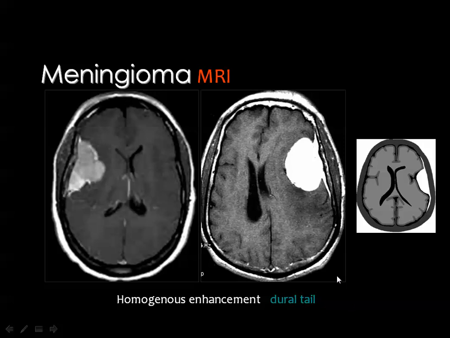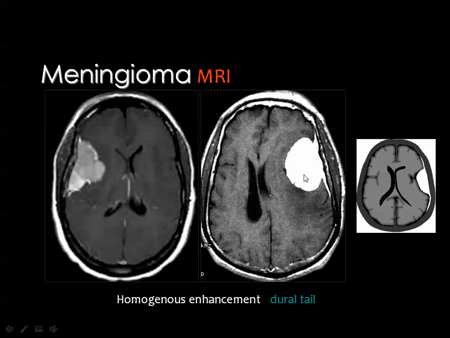Then whenever the tumor comes into contact with the convexity meninges or any type of the meninges, it may show this very characteristic appearance, which is known as the dural tail. And the dural tail means that there is a thickened enhancing dura along the edges of the tumor.